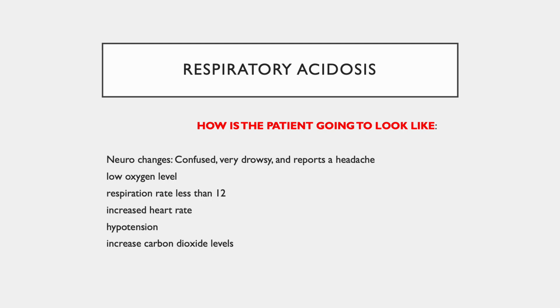You will see that their respiration rate is less than 12. This patient is going to have an increased heart rate. The heart is going to speed up to try to compensate and to get more oxygen. That patient will have hypotension, and that patient will have increased carbon dioxide levels. So think about it, this patient is holding on to that CO2.